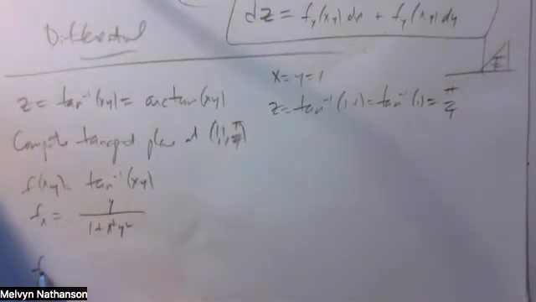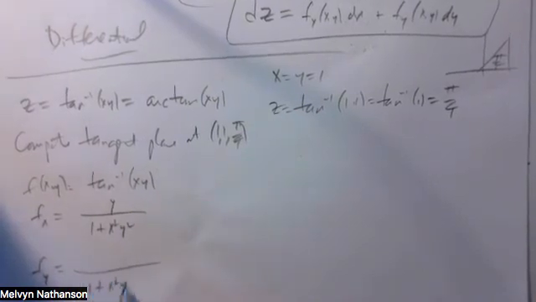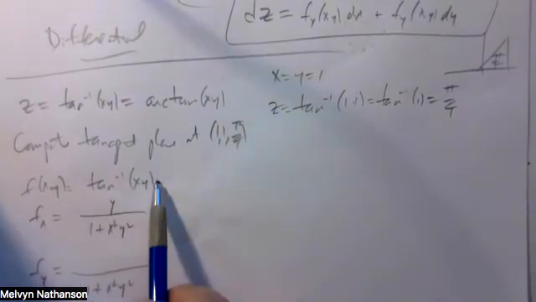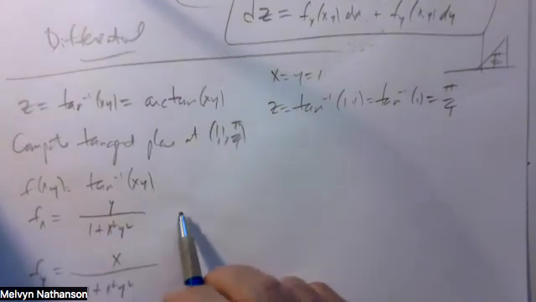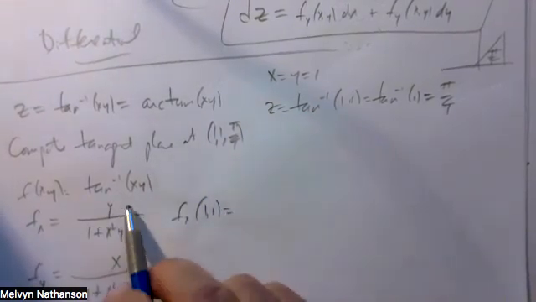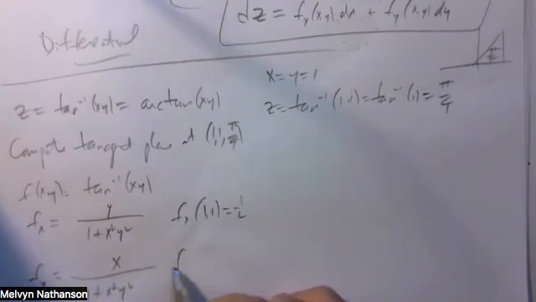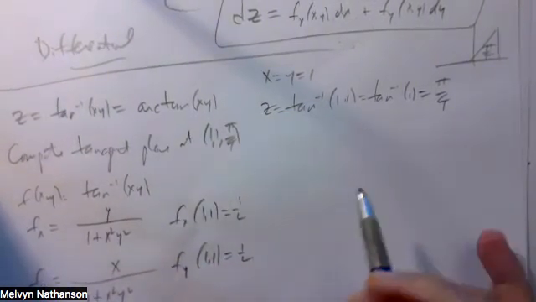And the partial of f with respect to y is 1 over 1 plus x squared y squared times the partial of xy with respect to y, which is x. So f sub x at 1, 1 is 1 over 2. F sub y at 1, 1 is 1 over 2.